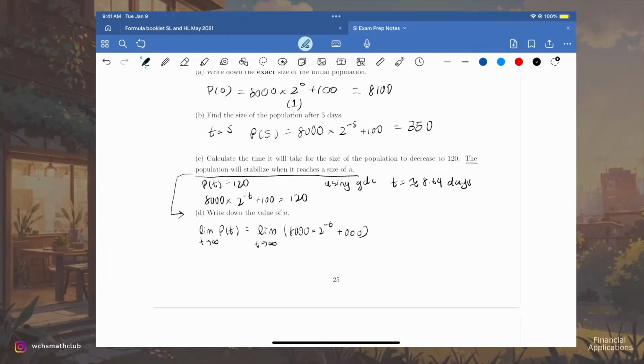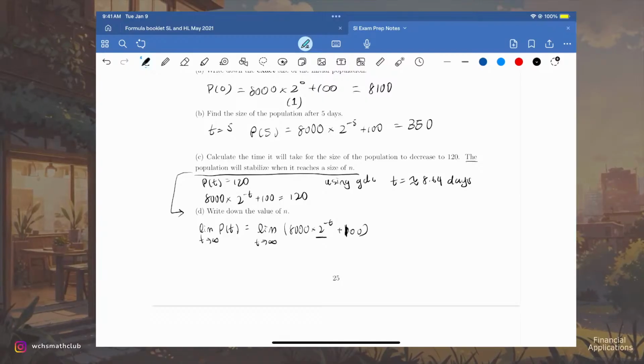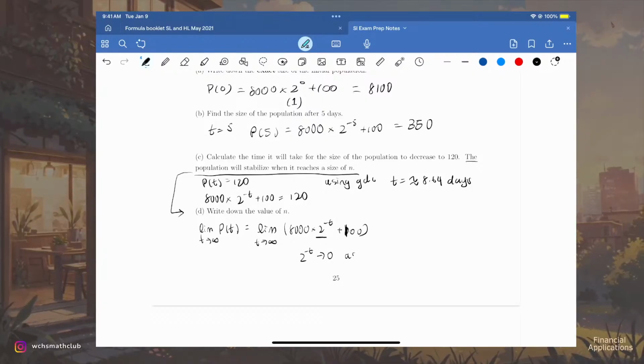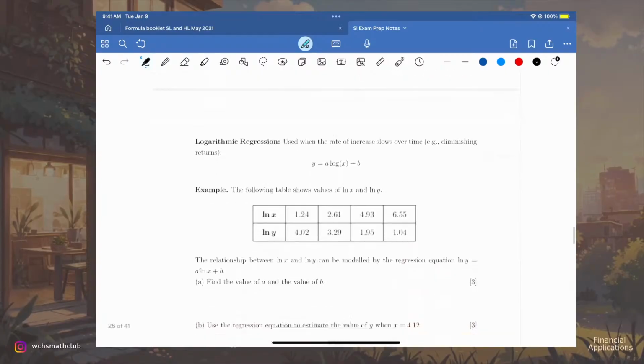As t goes to infinity, 2^(-t) will just go to 0. And obviously 100 will stay as 100, so it's just equal to 0 plus 100, which will be 100 fish as your stable population N.